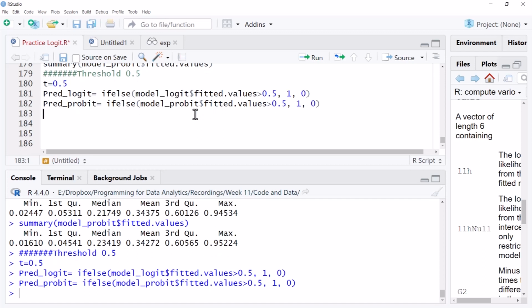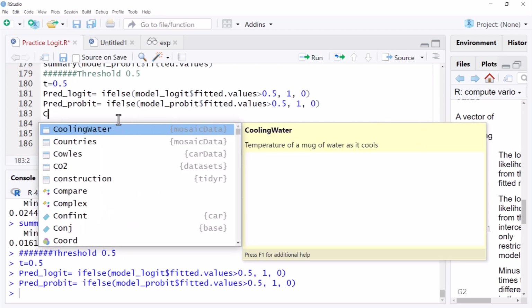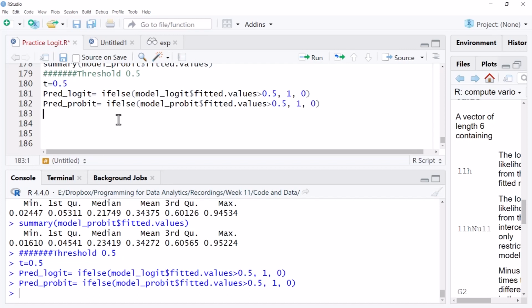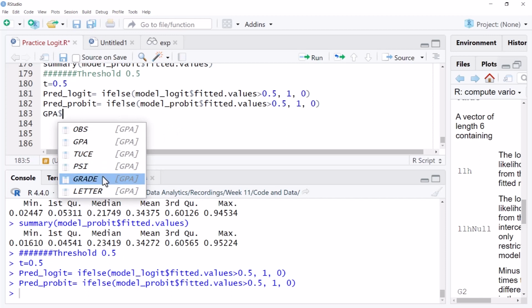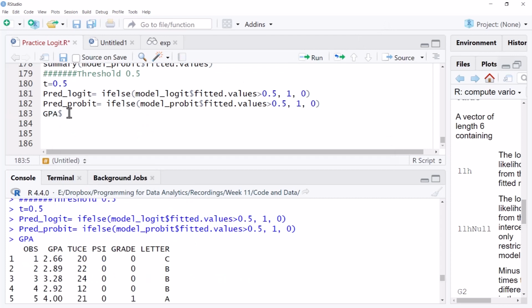This is the first part. Then we would like to compare the accuracy, so correct prediction. How do I predict the correct? For that, we need to compare these predicted with actuals. What is my actual data? The actual data is GPA$grade.